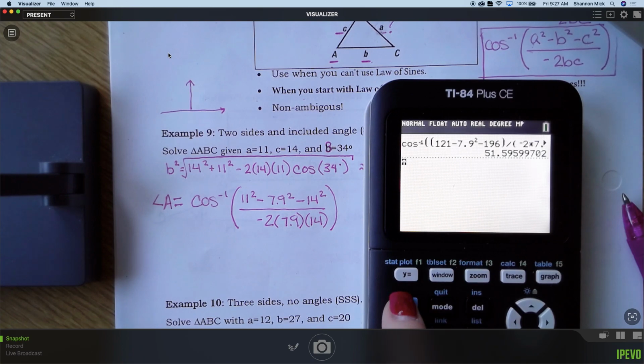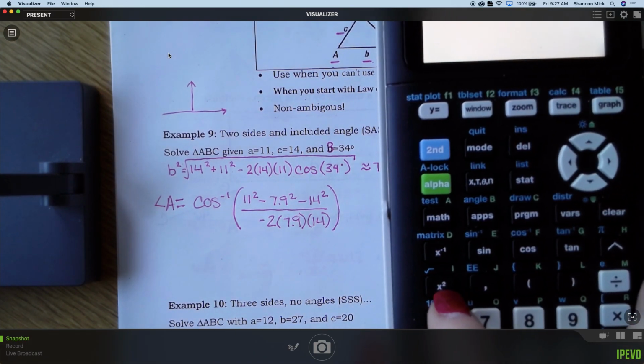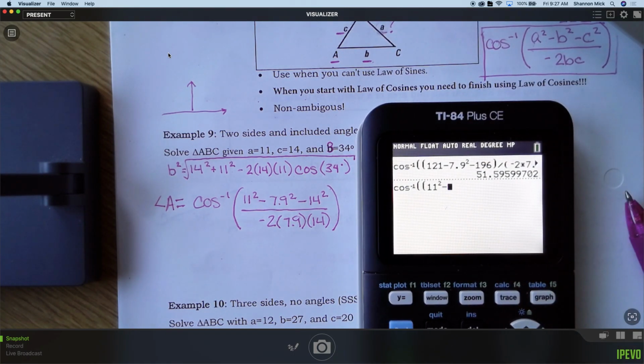Okay. Inverse cosine. It starts with a parenthesis. Then you put a parenthesis for your numerator. So you have 11 squared. Guys, you don't have to use the caret button for squared. It's right there, x squared. Okay. Minus 7.9 squared minus 14 squared, and one parenthesis, not both, divided by, start a new parenthesis, negative 2 times 7.9 times 14.